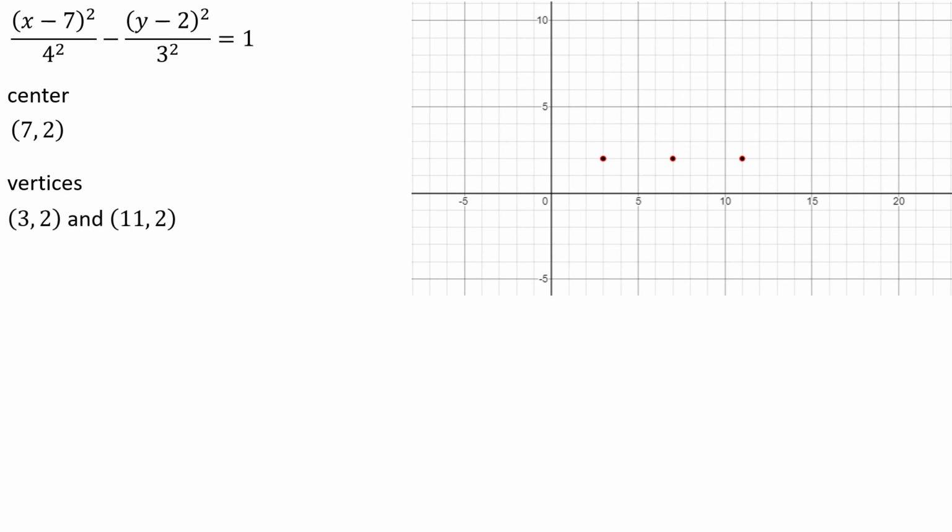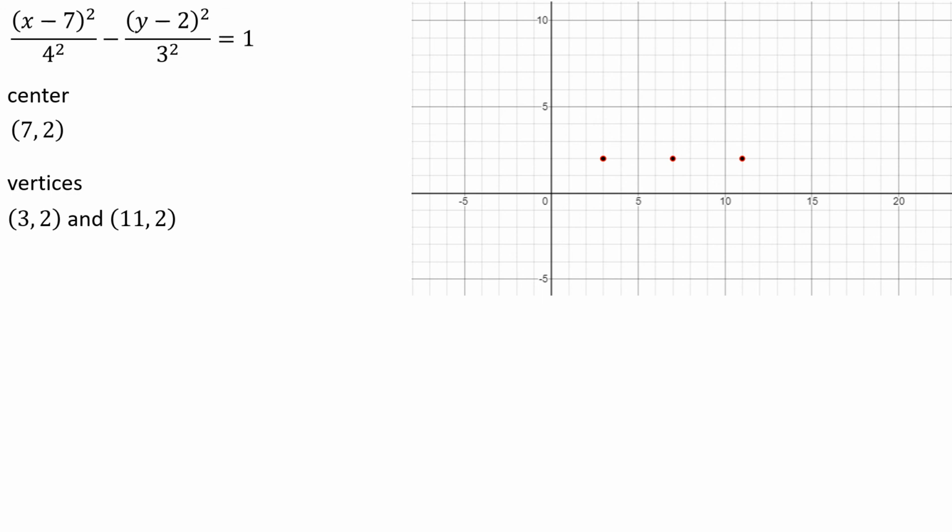Sometimes I find it easier to put the dots on the paper first, move 4 units to the left, move 4 units to the right, and then I say, hey, the vertices are 3, 2, and 11, 2. Right? I'm building off of that center at 7, 2. Added 4 to the x-coordinate to get the 11. Subtracted 4 from the x-coordinate to get the 3.